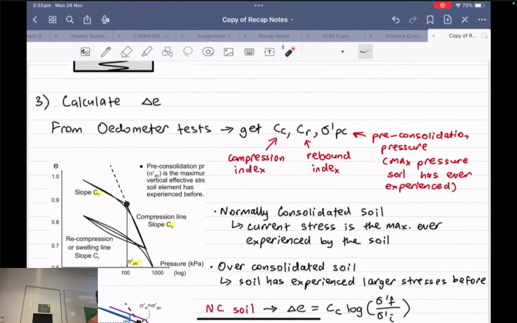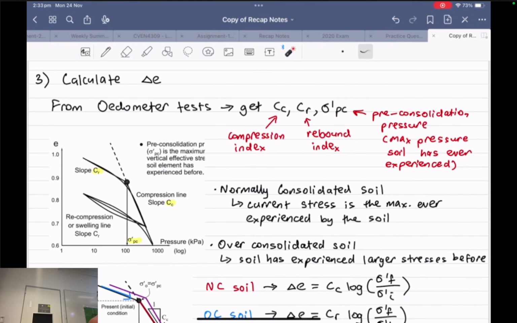So delta E, the difference in void ratio. In order to calculate that, you need certain parameters. You need CC, CR, and sigma dash PC. CC is the compression index, CR is the rebound index, and sigma dash PC is the pre-consolidation pressure. What these mean is, when you draw out the void ratio versus pressure graph, you get something like this, right?